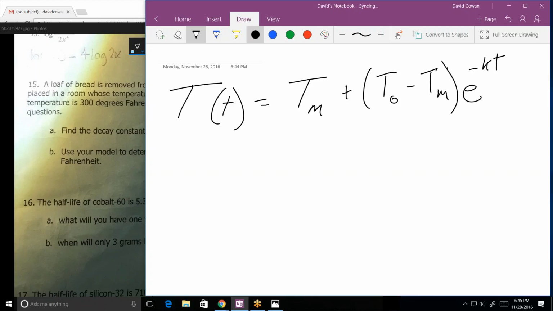Okay, so once we have that formula, we should be able to just plug in here.